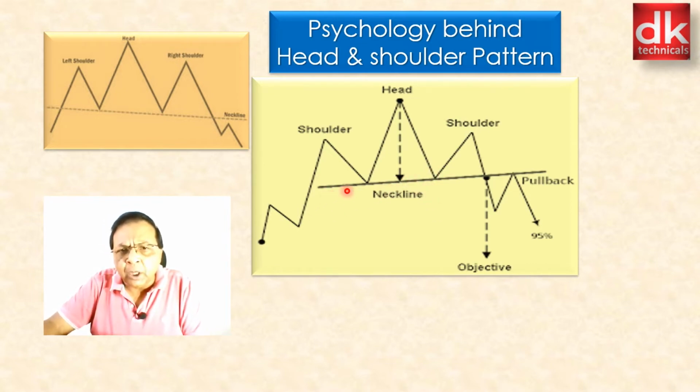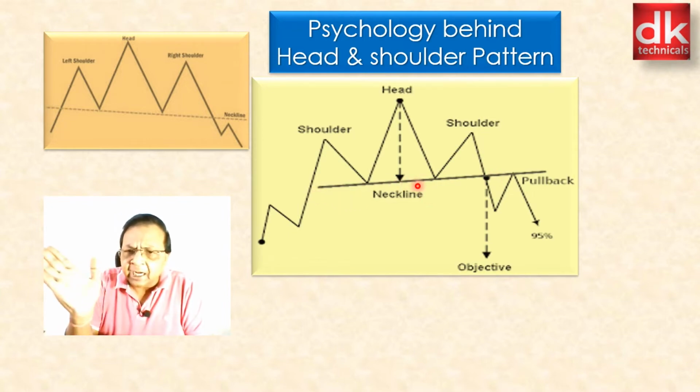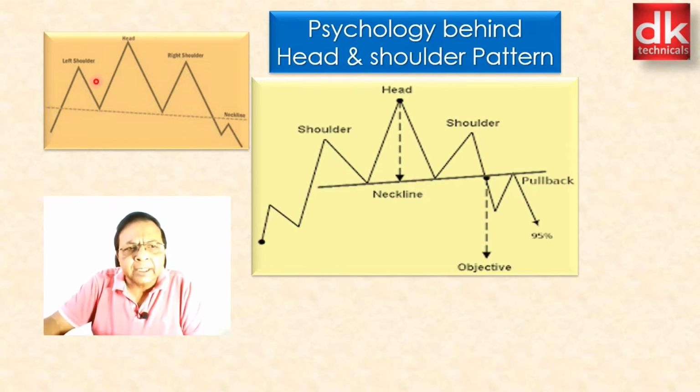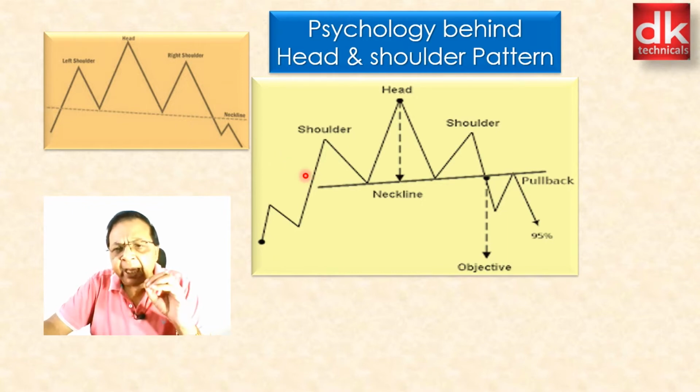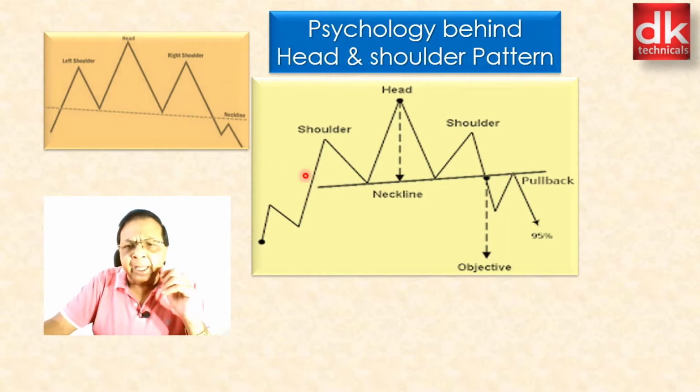So in this particular diagram you can see the neckline is inclined a little above, while in this diagram you can see the neckline is inclining down a little. It doesn't make any difference because ultimately the point to be identified is, when the right shoulder has been formed, price is correcting.